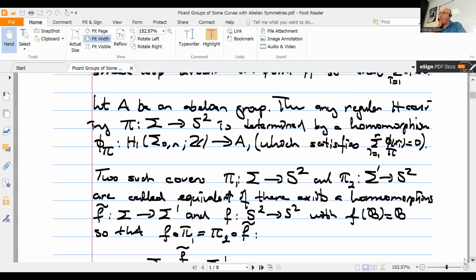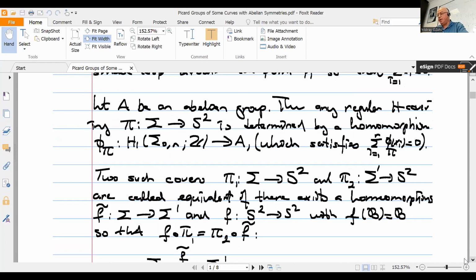Of course, it is enough to just define the homomorphism on the generators of the homology group, on the xi's, so that the image elements also satisfy the relation that their sum is 0.